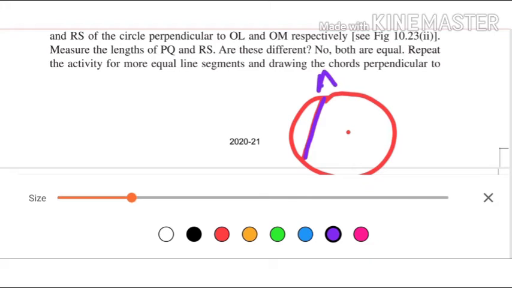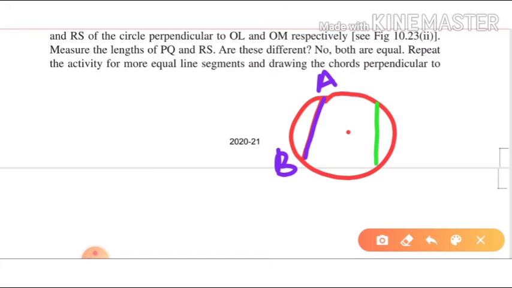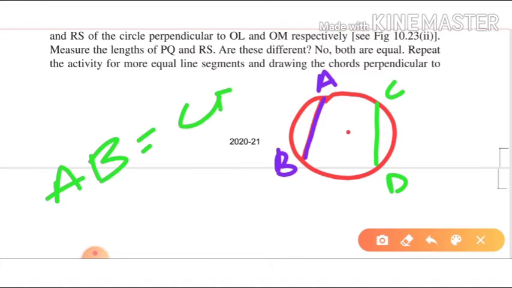If you take this as one chord, this is a chord AB, and if you take this CD as another chord where AB is equal to CD, they are equal chords, then remember their distances from the center of the circle are also equal.